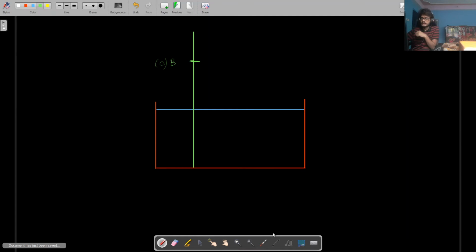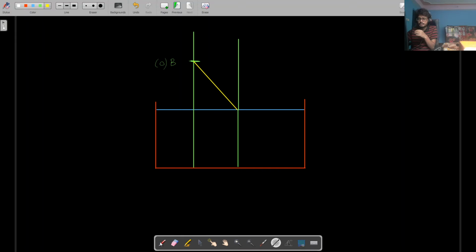So when I project a light ray from the bird, right, I make a normal at the interface. Now what will happen? The light will bend.